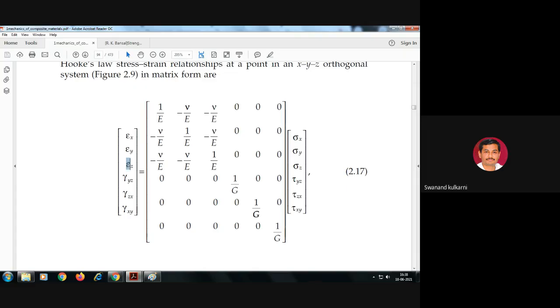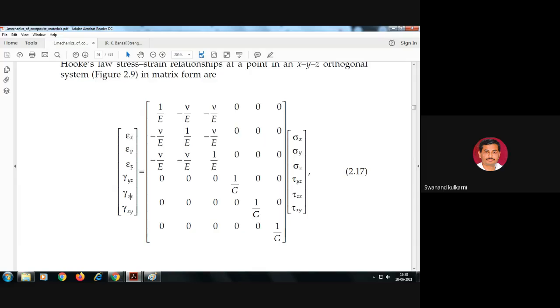Sigma z represents the strain along the z-axis. Then gamma, here it will be yz, zx and xy. So what does this gamma yz represent? This is also one kind of strain, which is shear strain. Is it okay? And zx, that is also shear strain. So three shear strains here in this matrix.